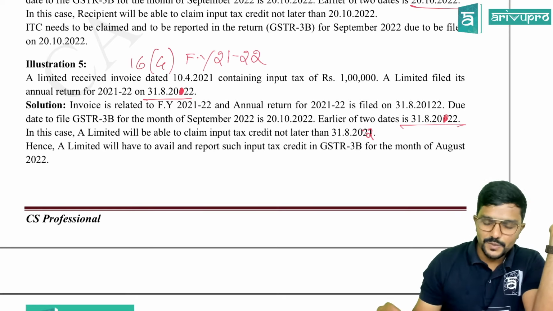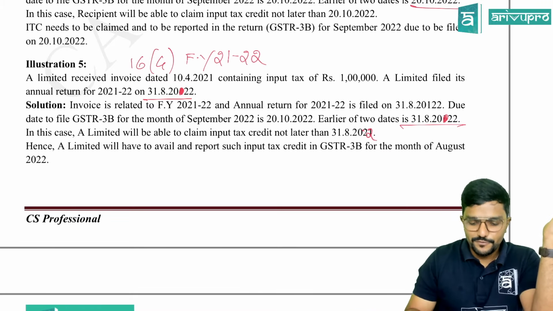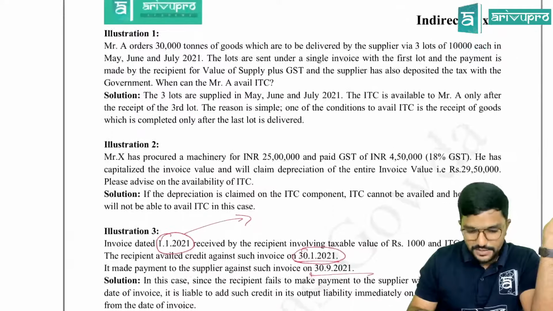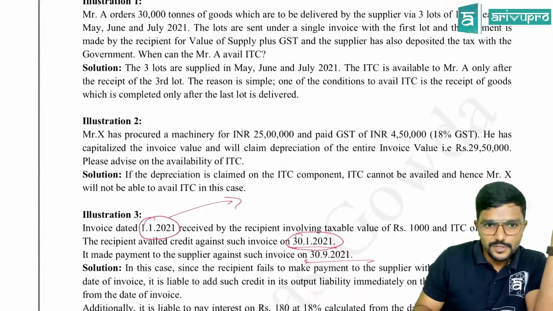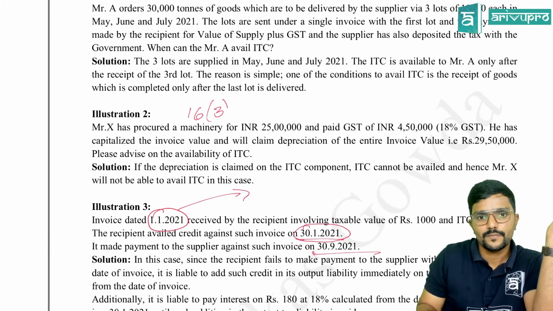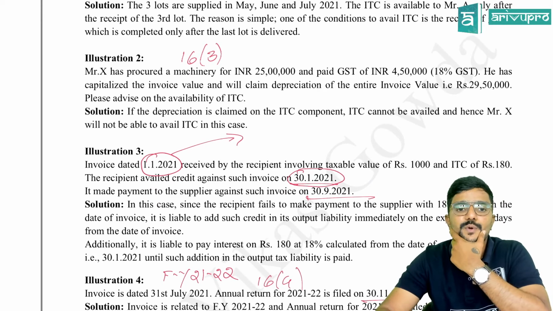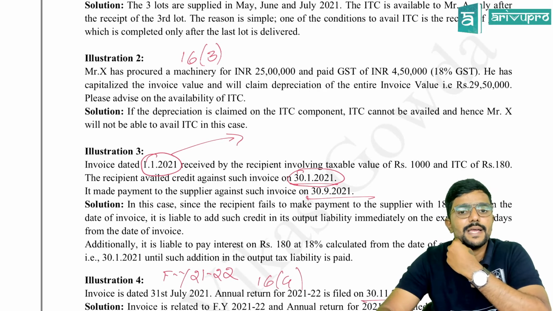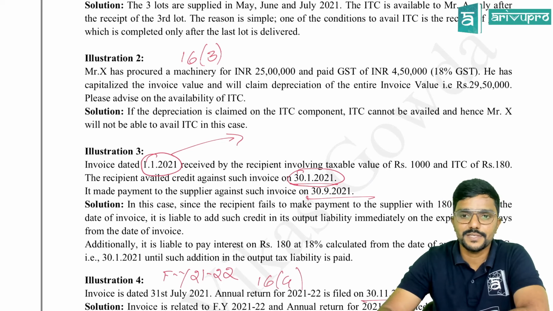So these are the two illustrations on 16.4. I think I have one illustration on 16.3 also. Come to illustration 2. This is on 16.3. Mr. X has procured machinery for INR 25 lakh and paid GST of rupees 4,50,000, 18% GST.